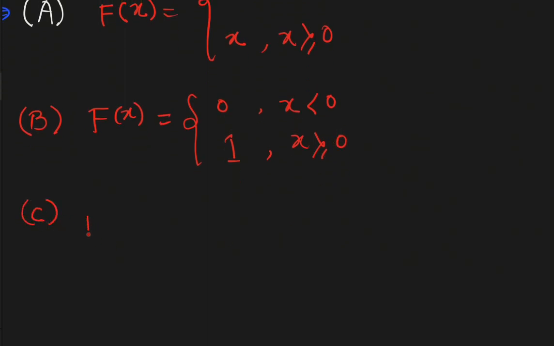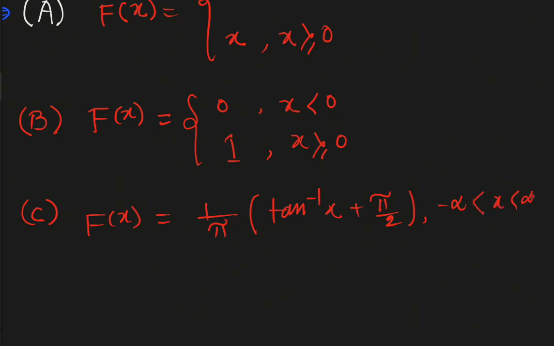C: f(x) is 1 over pi tan inverse of x plus pi by 2, for minus infinity less than x.